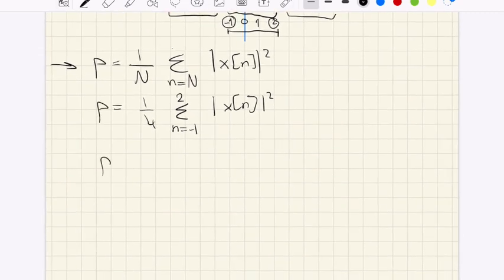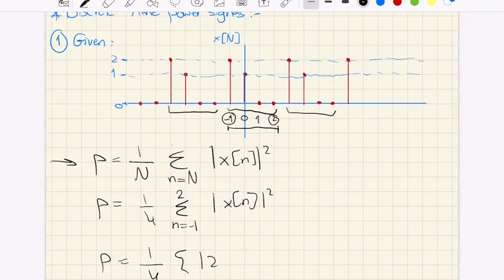Then we can simply substitute our x of n values in this equation and start getting the results for P. From here we can say we got 2 squared, and 1 squared, and then the other two values will be 0. We substitute every value of x of n.